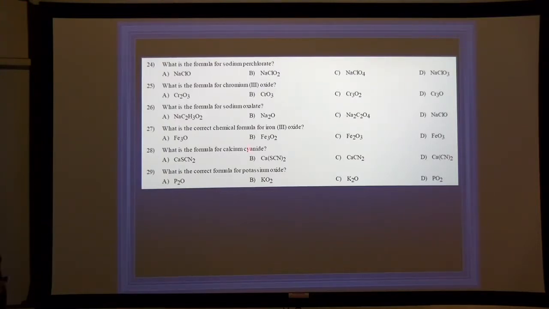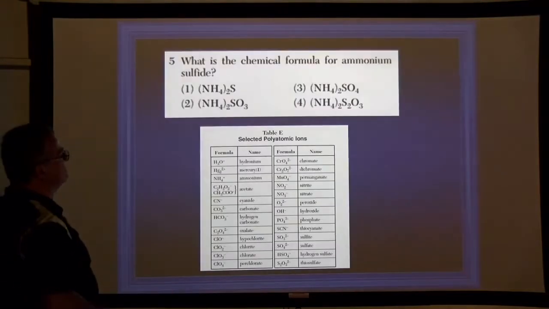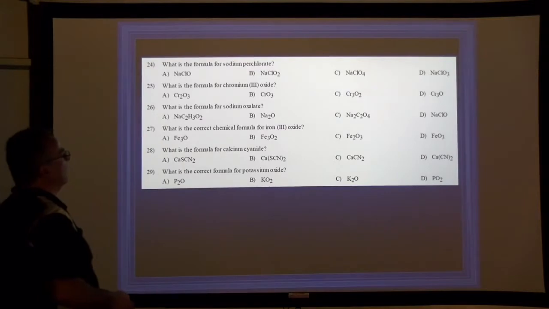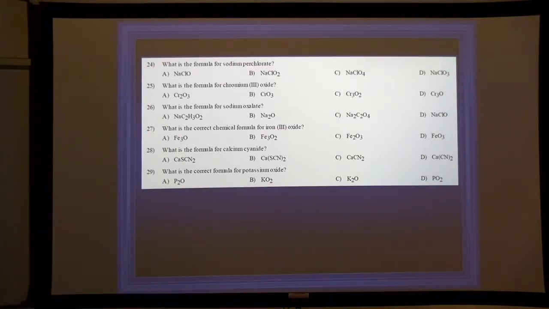So this is an exception to the ate-ite rule, unfortunately. Cyanide doesn't come from the periodic table, so I got to go to the polyatomic ion table and see if it's on there. And if I scan, there's cyanide, CN with a -1 charge, right? So CN with a -1 charge connected to a calcium with a +2.